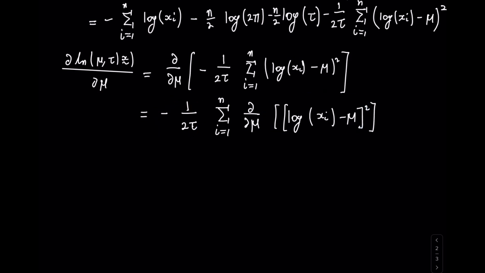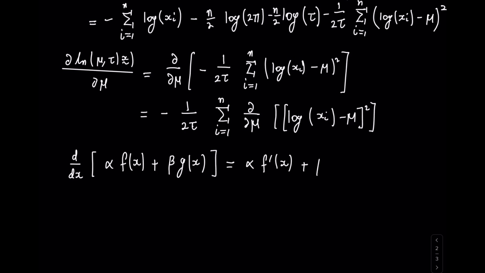And as an aside, this is the equivalent of saying, if you've got d on dx of alpha f of x plus beta g of x, where in this case your negative 1 on 2 tau is like your operator at the front, and your summation is the sum of two terms, we can equally write that as alpha times f dash of x plus beta g prime of x.